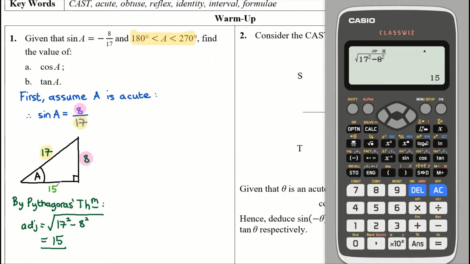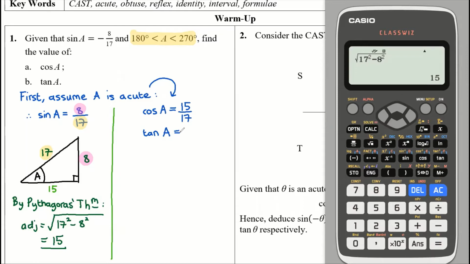So what I'm going to do is partition the board. So for acute A, just carrying on with this, we know sine A already, that was given to us, but we can also state that cos A is 15/17, and tan A. Now, we haven't answered the question yet, but we'll get onto that in a second.